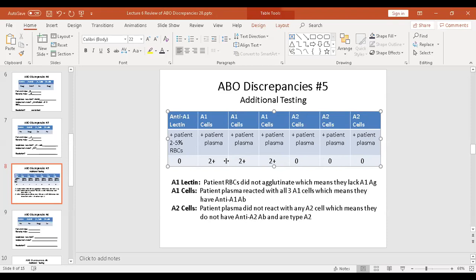So we still call them type A. So just remember that when we're looking at A1 and A2 types, they're both still considered type A, and this anti-A1 that some of these A2 people have does not impact transfusion. Okay?